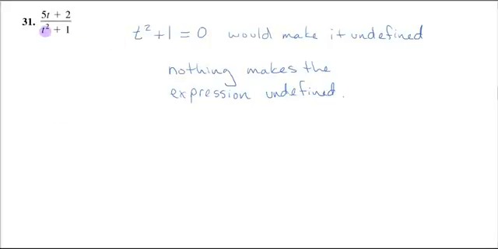If I put a 1 in there and squared it, I would get 1 plus 1 is 2. Does not make that expression undefined. In fact, there's nothing that we can do to make this expression undefined. If I put a negative in here and square that negative, it makes it positive. And if I add 1, it only makes it a larger positive number. If I put in 0 and square it, it's 0. And I add 1, it makes it a positive number. If I put a positive number in here and square it, and then add 1, it makes it a larger positive number. So there's nothing in this expression that we could do to make it undefined.